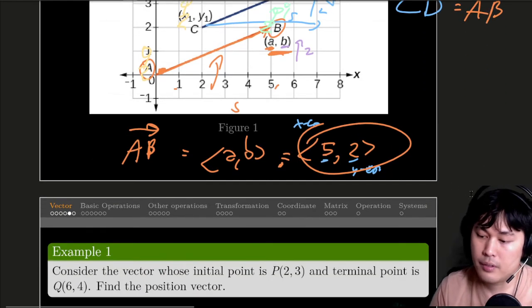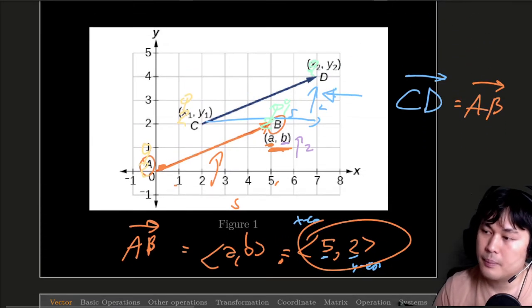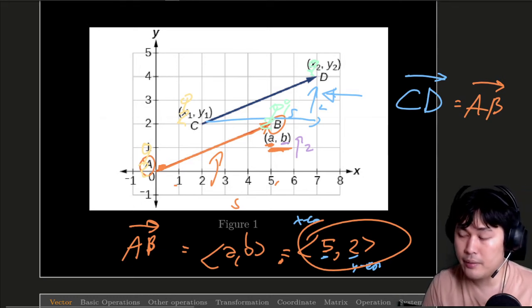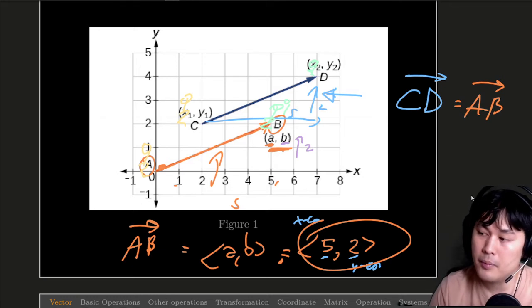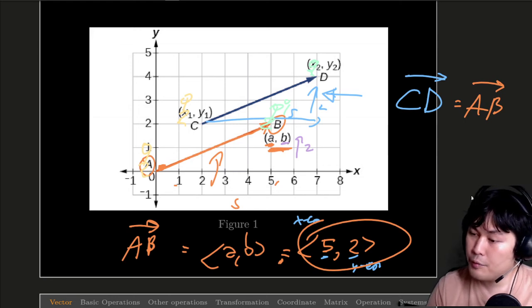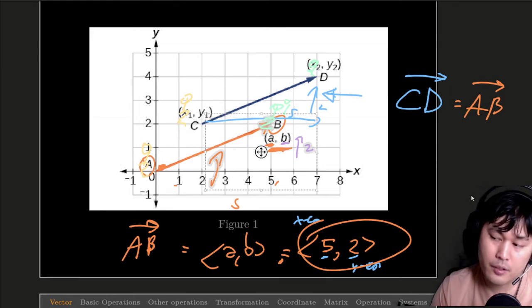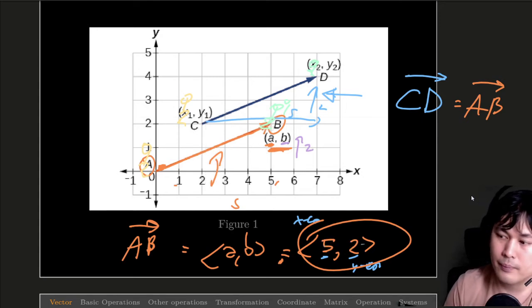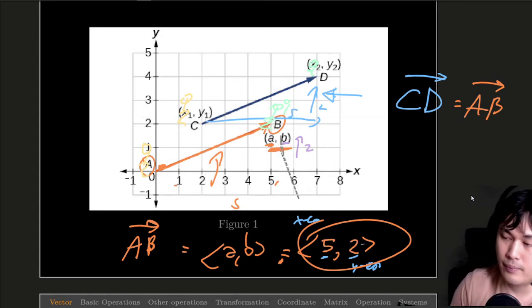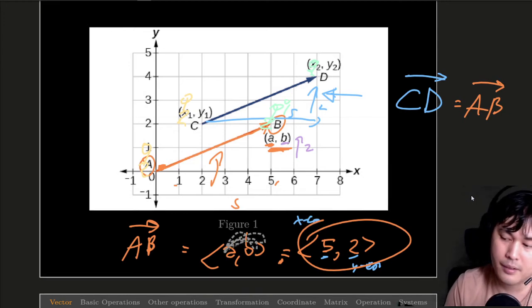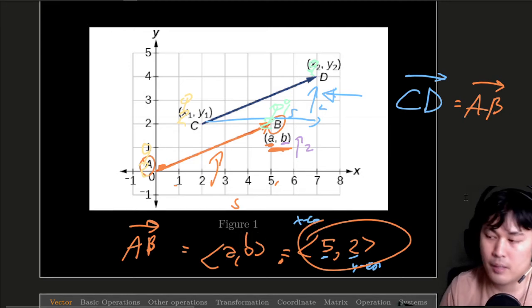Then we will see how you can translate, or describe, a vector numerically. Because for this orange one, it is clear that it is 5 and 2. You just look at the point, and the components of the point are the same as the components of the vector.